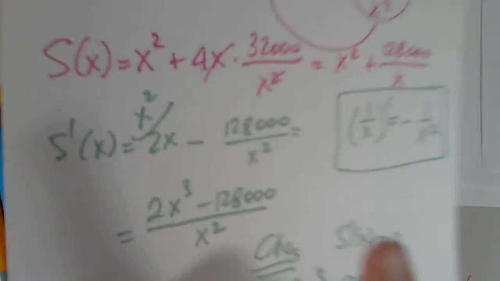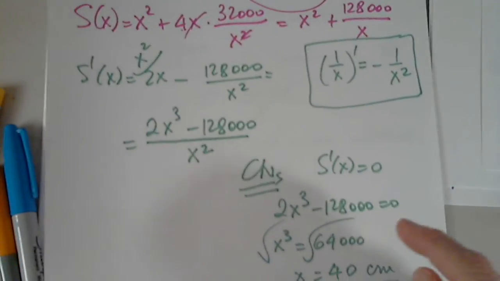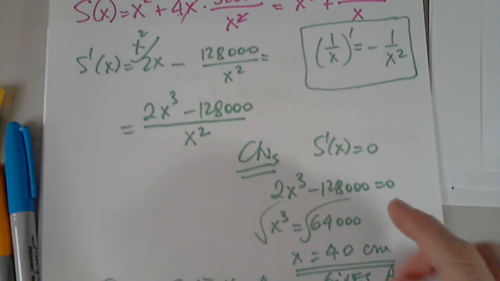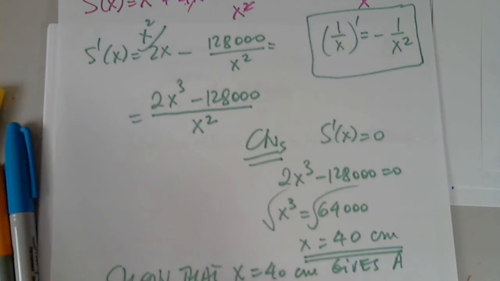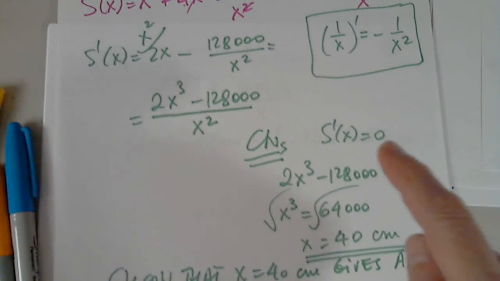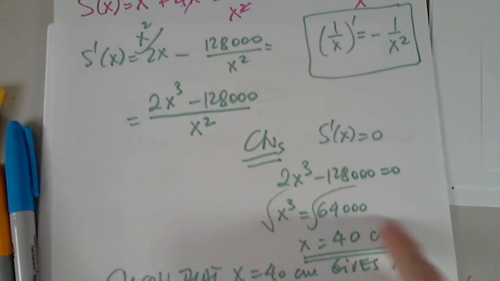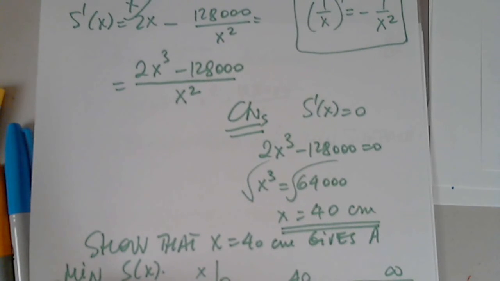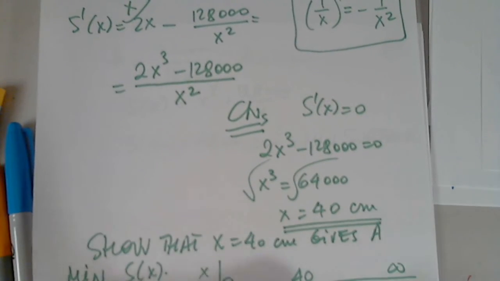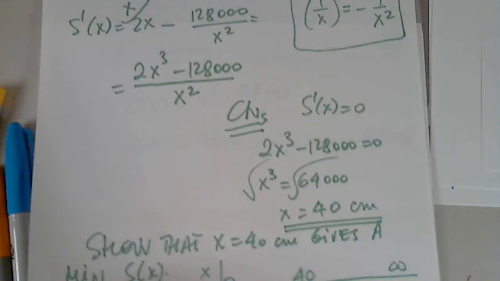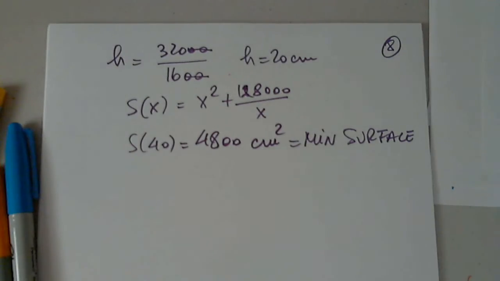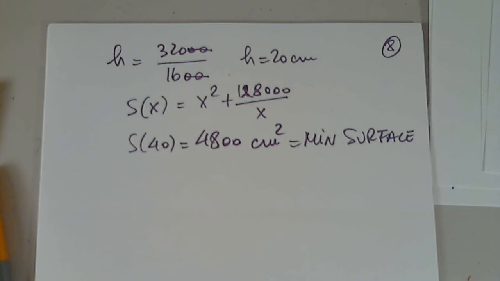It has to be a function of one variable in this class till Calc 3. Also, we found S prime. We found the critical numbers. We put them in the table to show that it gives a minimum. And then we determined the minimum if they are asking us to find it. Okay.